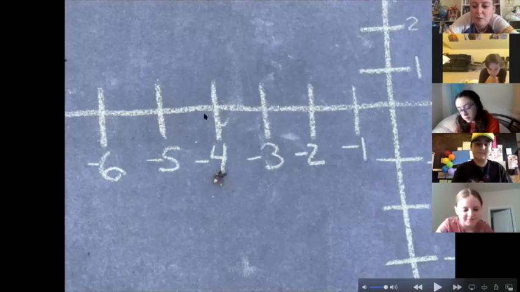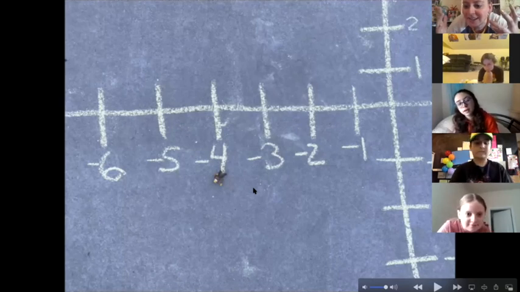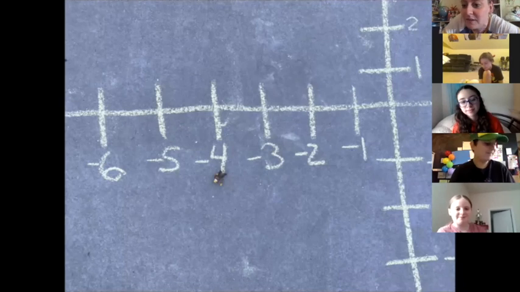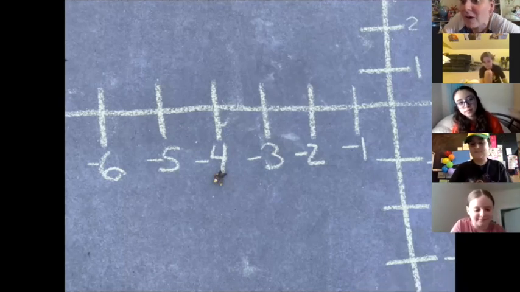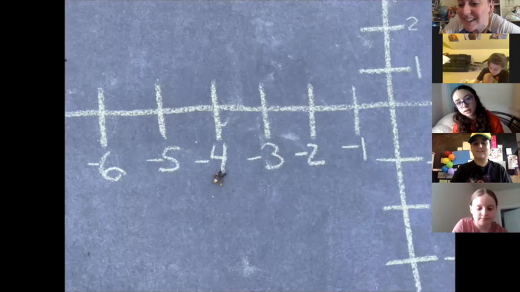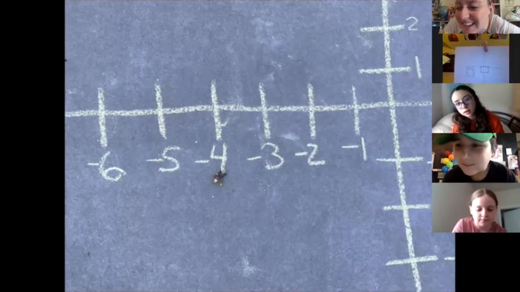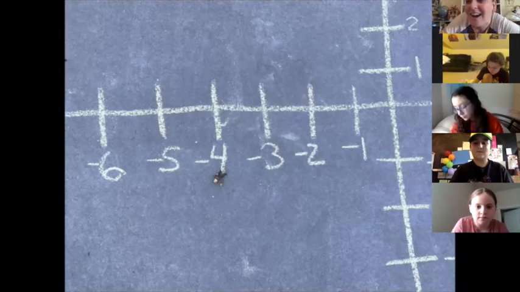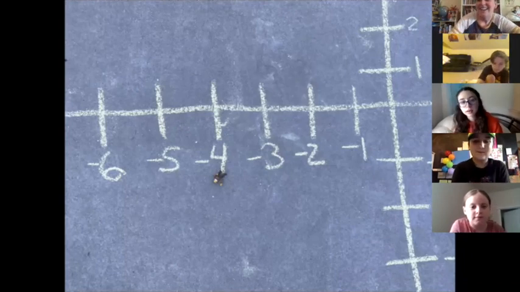So -4, -1. Anybody? No. Quadrant 2. Who got quadrant 3? Corner. Hold yours up, Spencer. It landed close to yours? Yeah, like the top right. Oh, Spencer got it. All right.